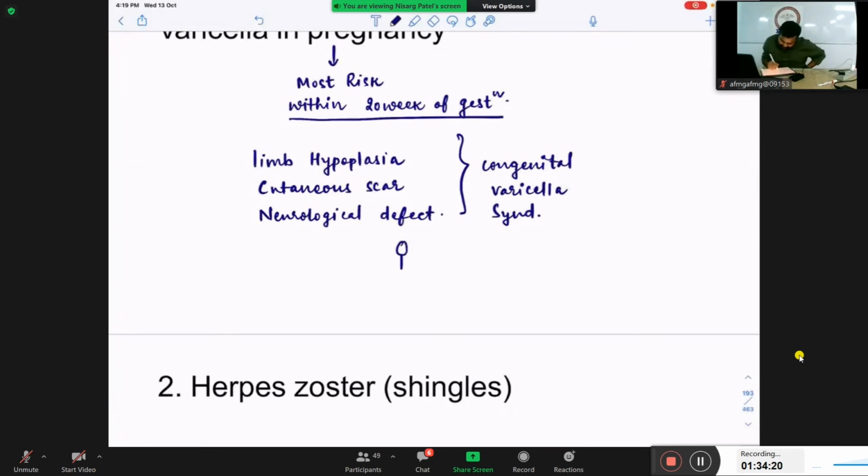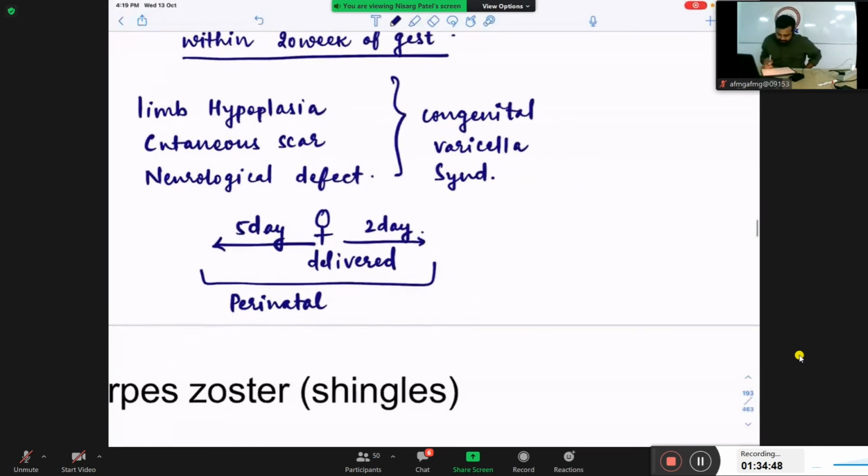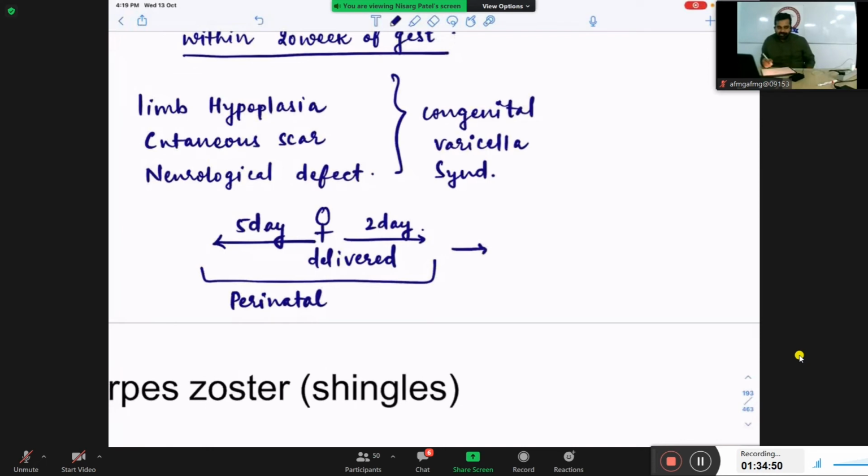If the mother is pregnant and is about to deliver, and if she develops varicella 5 days before or 2 days after, so what is this period? This period is the perinatal period. So in this case, when the baby is delivered, what will we give?